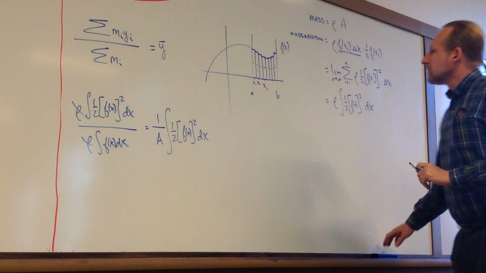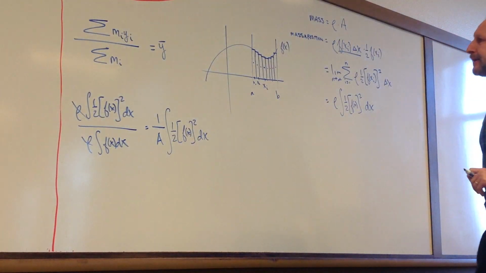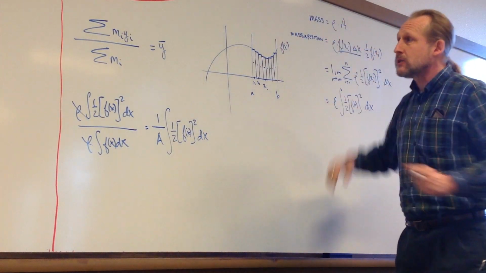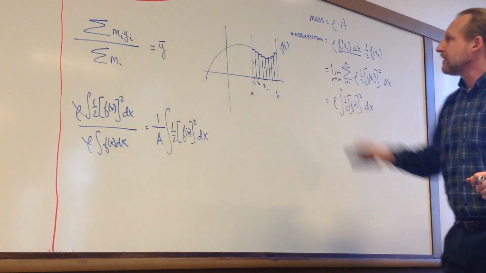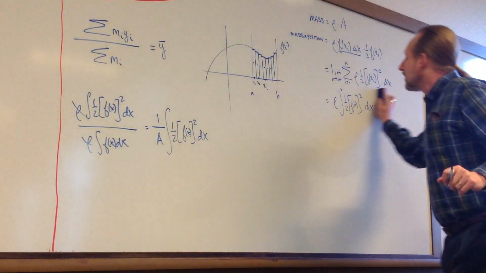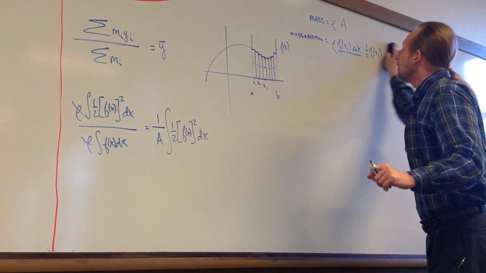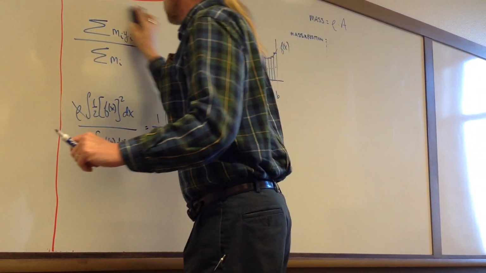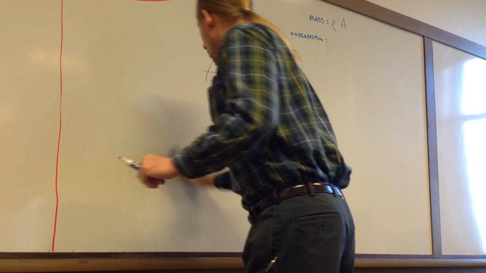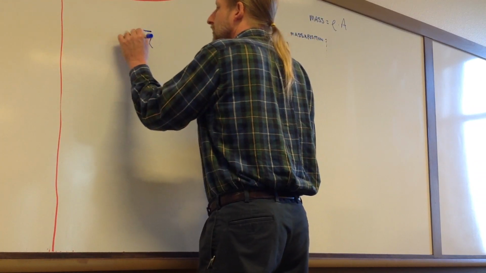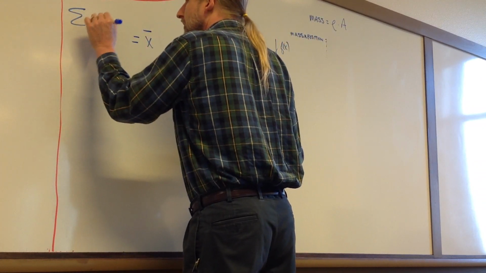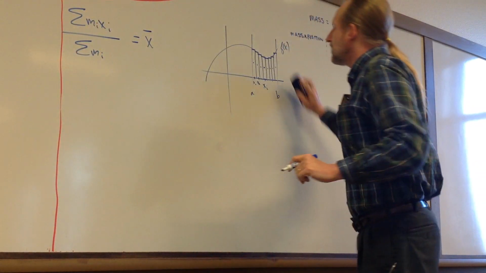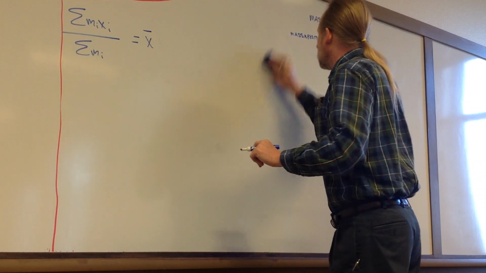Now, what if we want to find the center of mass for something that's between two functions? So now we're going to have an f and a g. Again, our x bar is going to be the mass times position divided by the sum of the masses. Now our diagram is going to be a little different here.